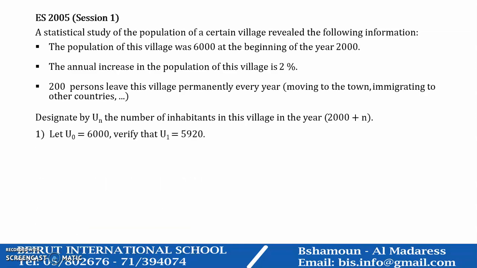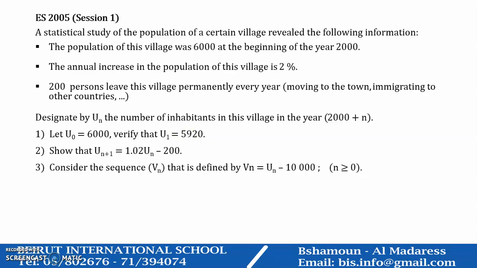Let u0, the original number of inhabitants, equal 6,000. They ask us to verify that u1 equals 5,920. The second part: show that un plus 1 equals 1.02 un minus 200.